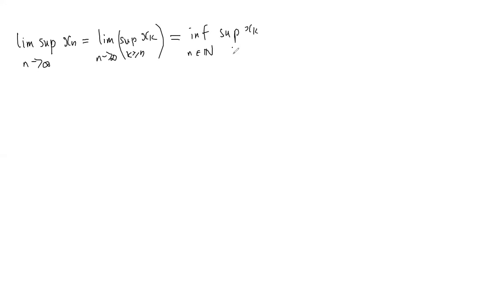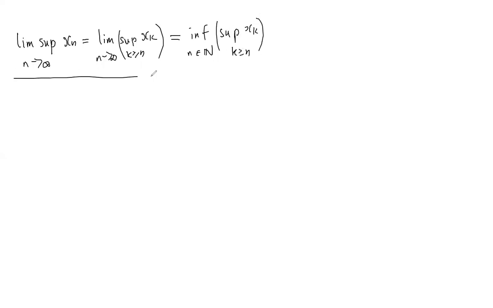So the lim sup of xn, instead of the limit, I'll just write limit sup xk, which is equal to the infimum over n of the supremum of xk.